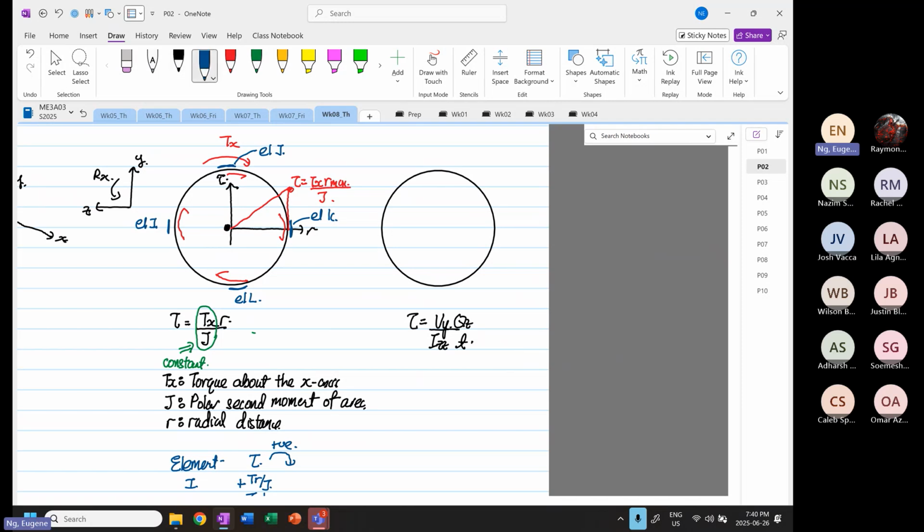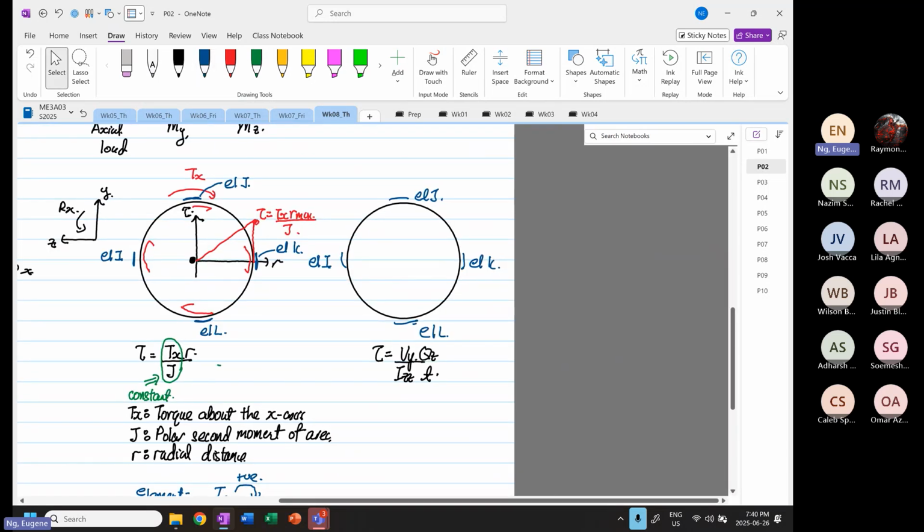So now I'm still going to place the same elements over here: element I, element J, element K, and element L. And we know the shear flow is coming from the top, Vy.